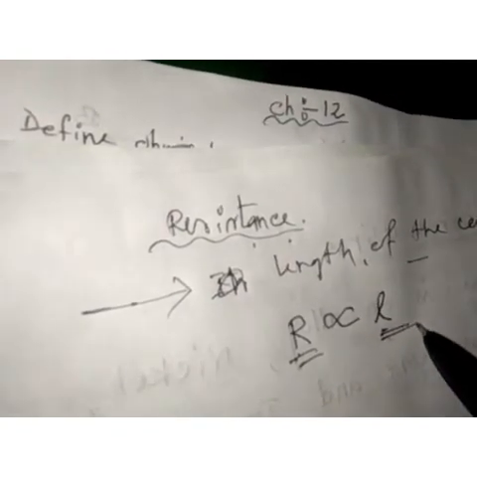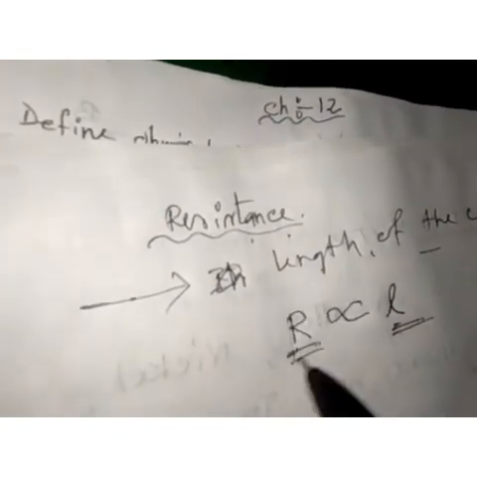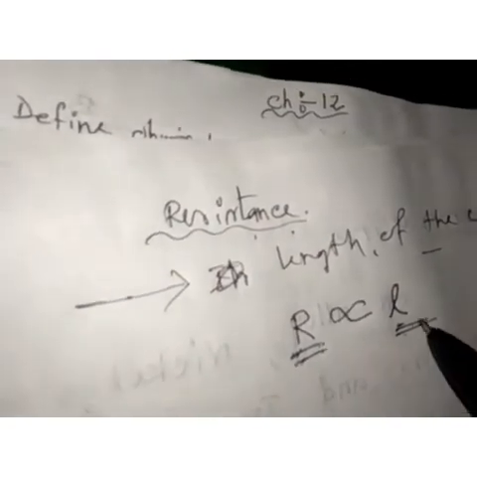If the length of the conductor is increasing, then resistance also increases. If the length is decreasing, then resistance also decreases. So it is called directly proportional.